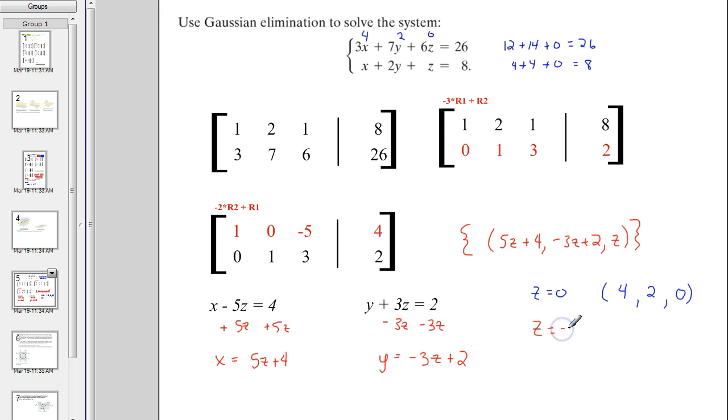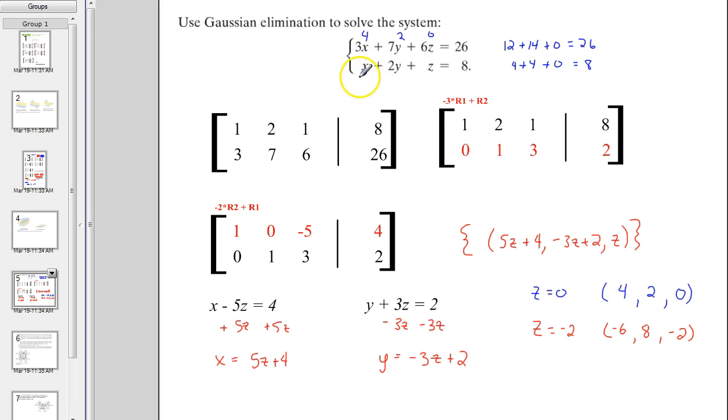Alright, and then again, let's do z is -2. 5 times -2 is -10, -10 plus 4 is -6. -3 times -2 is 6, 6 plus 2 is 8.